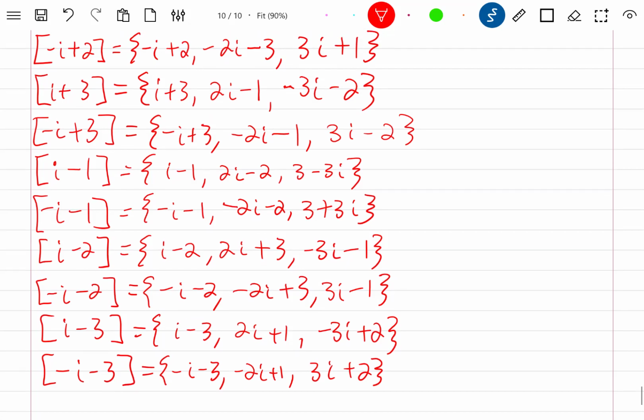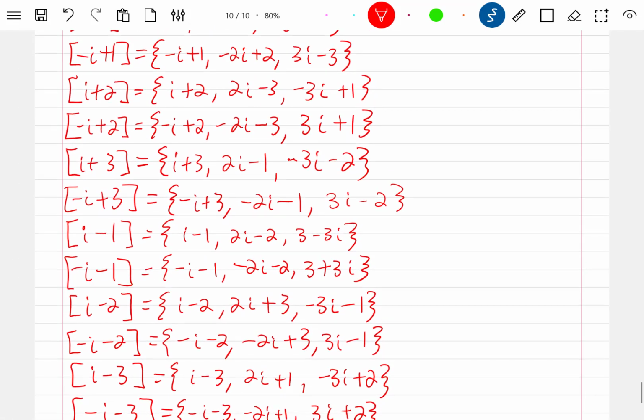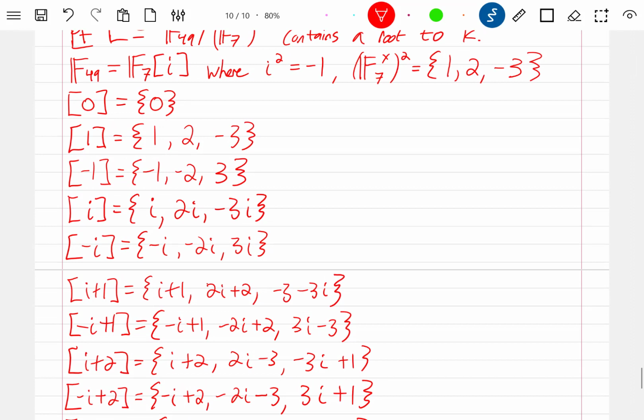So, this is our list of every coset representative in the extension that we are looking at.